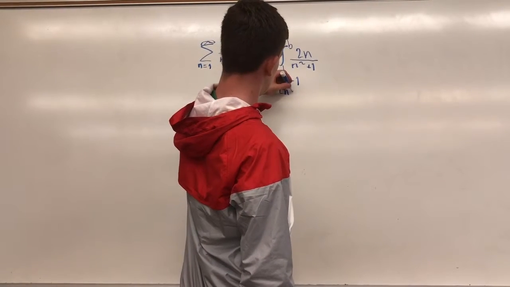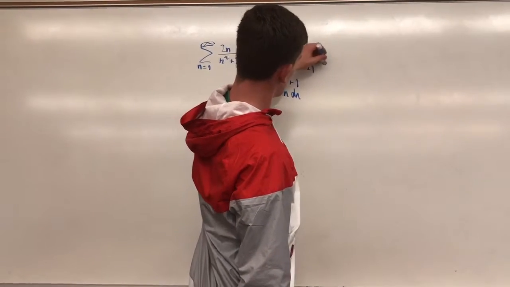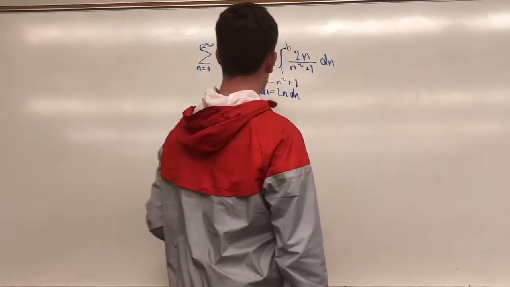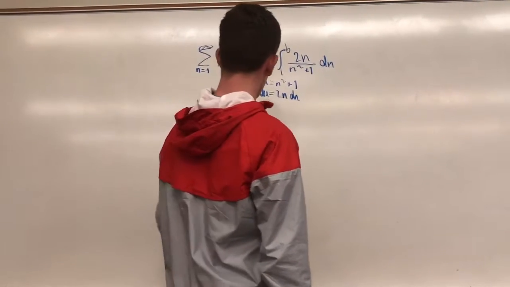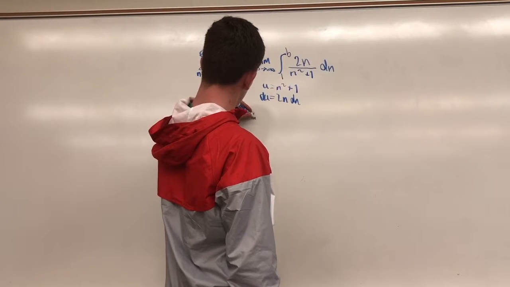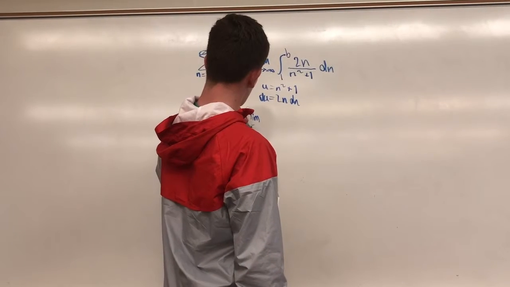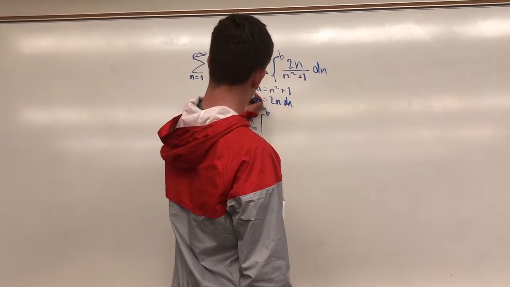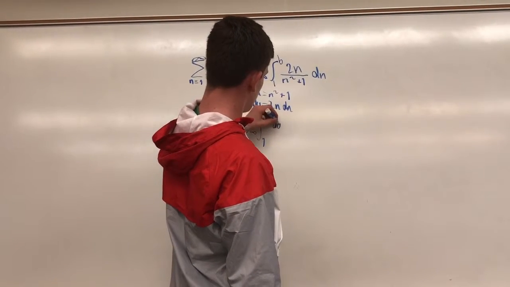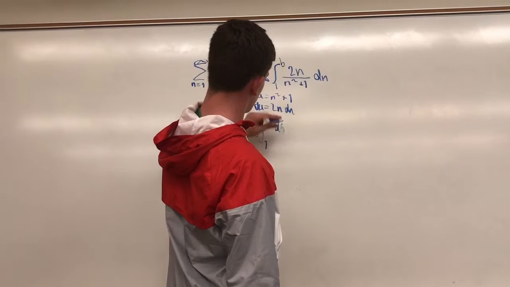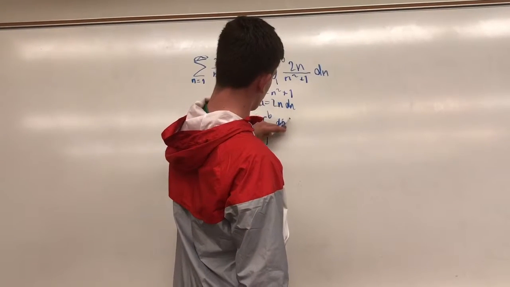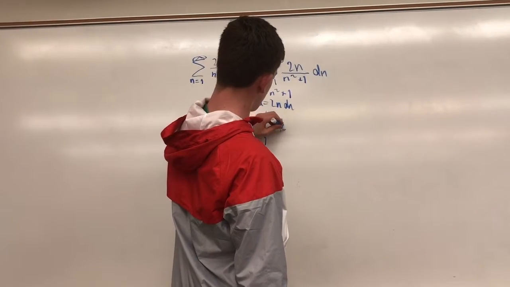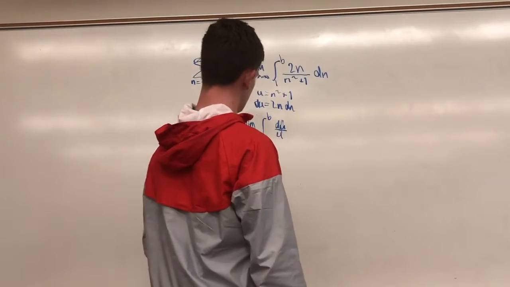2n dn. Sorry, there should also be a dn right here. And then, so yeah, once we put in u substitution, it becomes du over u, and you know what that means?